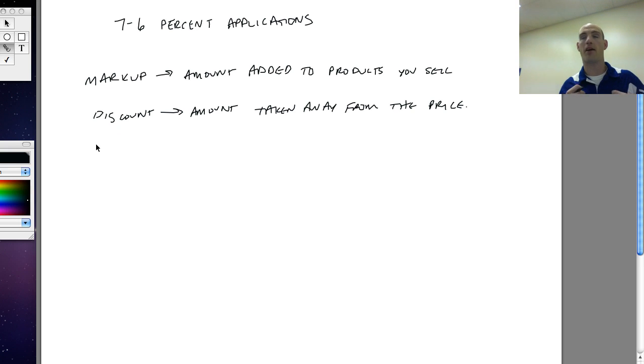Say this shirt that I'm wearing. How much did it cost them exactly to produce this shirt? That would be the wholesale price. And we could name it like the base amount.